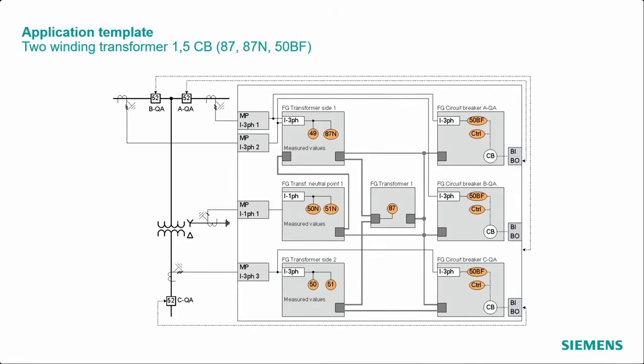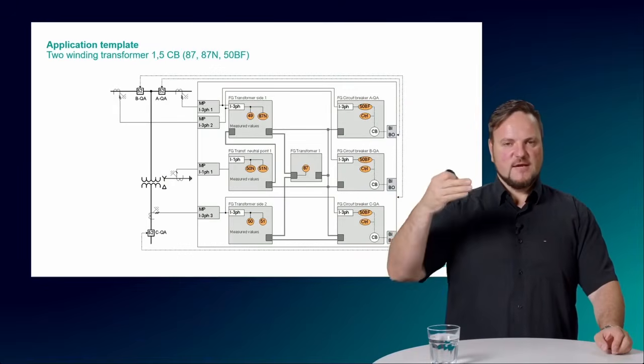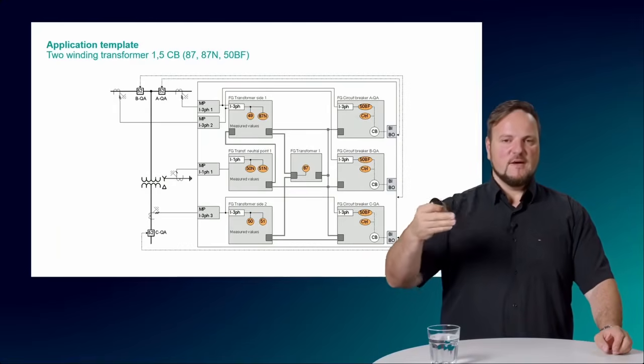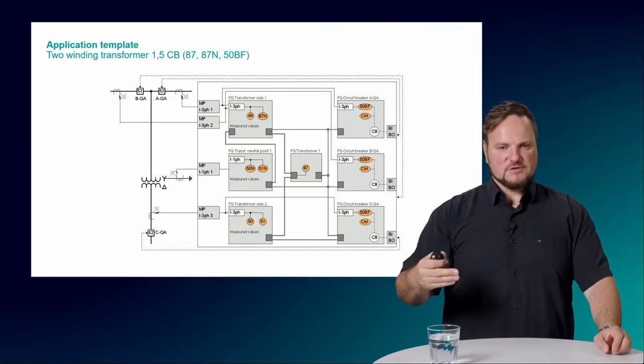In the end you select the right device and arrange your DIGSI project according to the needs on the primary side. Here we have transformer side 1, to which we have connected 2 currents, the neutral point as in the picture before, and the low voltage side.